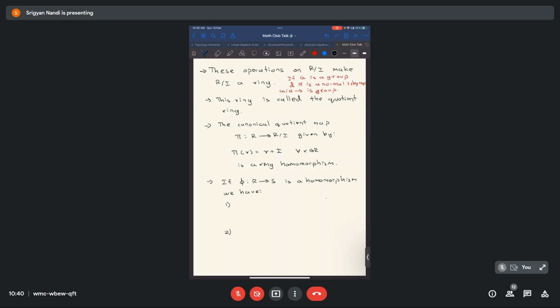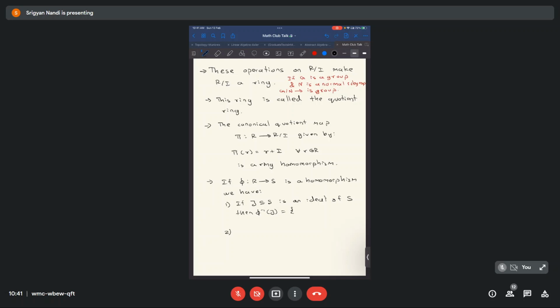The first being: if phi is a ring homomorphism from R to S, then we have the following. If J is an ideal of S, then phi inverse of J. Here we are not guaranteed the existence of an inverse function, but we use the standard definition when we apply functions on sets rather than individual elements.